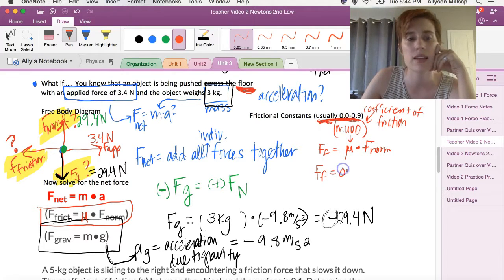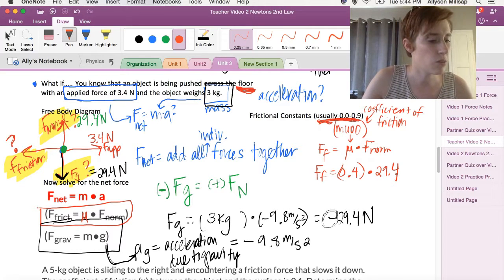Let's say, since it's being pushed across the floor, let's give it 0.4. That's the mu I'm giving you. And then you have to multiply it times normal force. What's our normal force? Well, we calculated it to be 29.4.